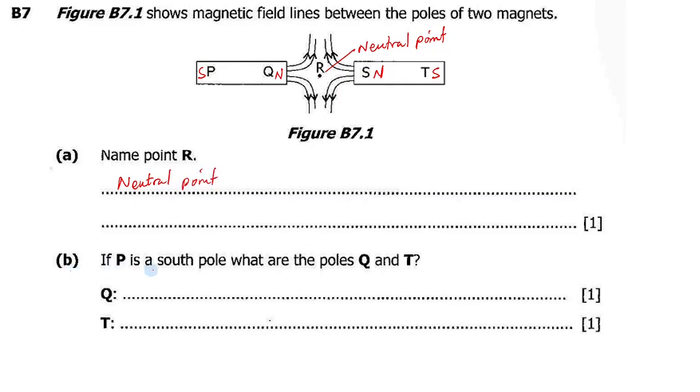Then B, if P is the south pole, they've told us P is south pole, which we already know. What are the poles Q and S? So Q is north, we have already said that is going to be the north pole. Then T we have already said will be the south pole.